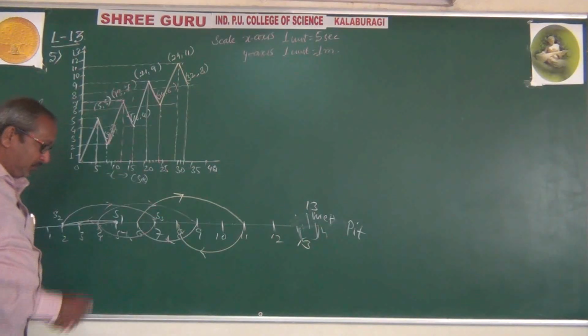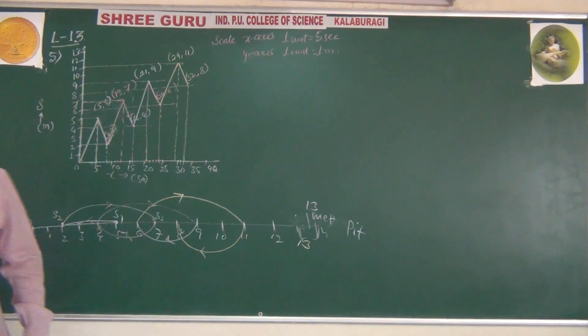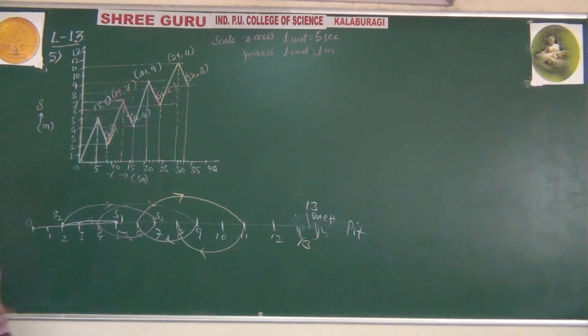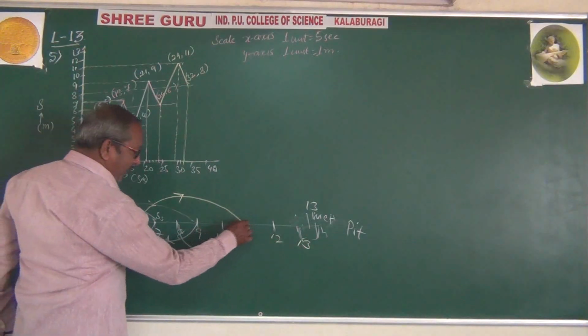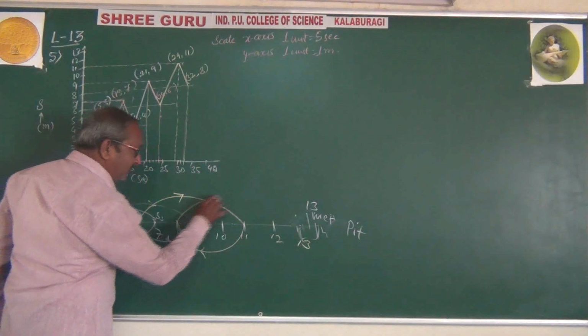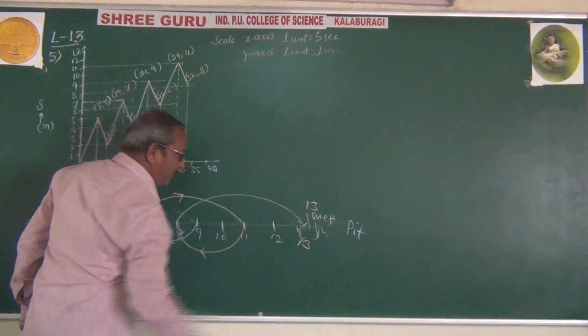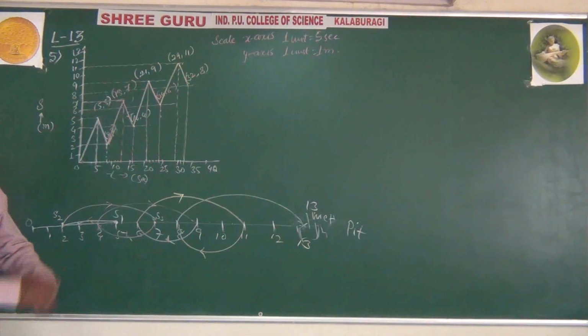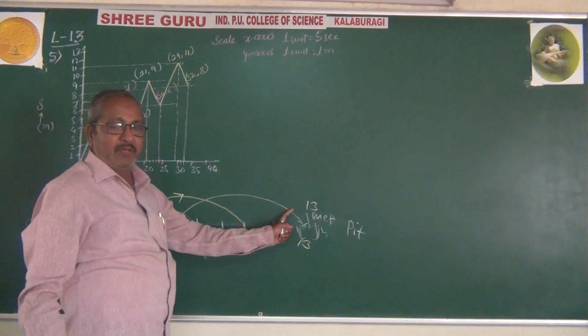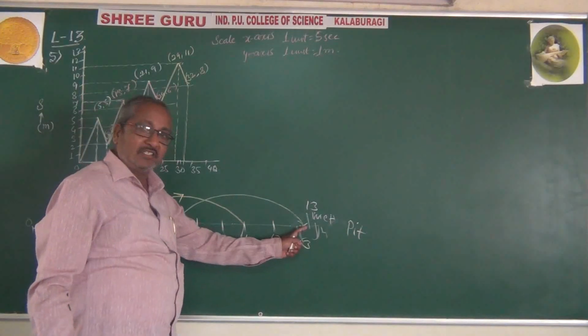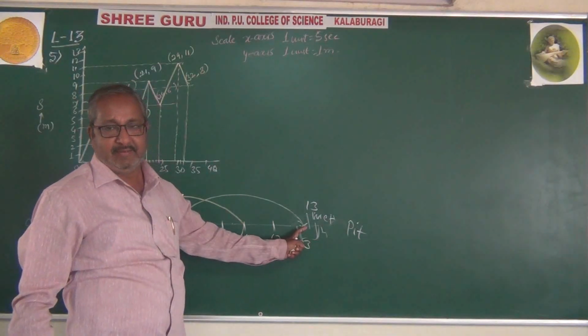After this 8th position, how many steps forward will he go? 5 meters forward. 5 means 8, 9, 10, 11, 12, 13. That means he will fall into the pit. He will fall into the pit after 8. 5 steps forward means 8 plus 5 is 13. At 13 meter there is a pit.